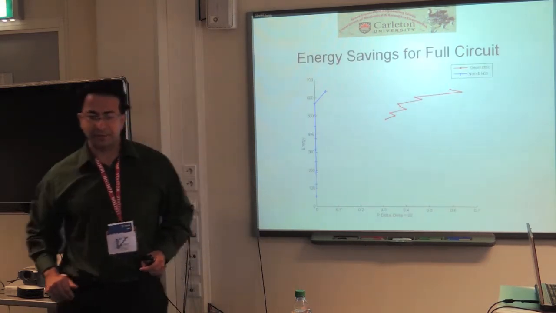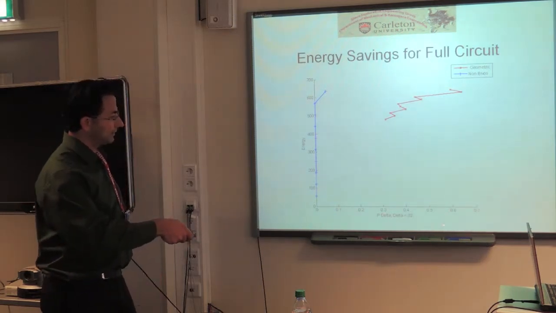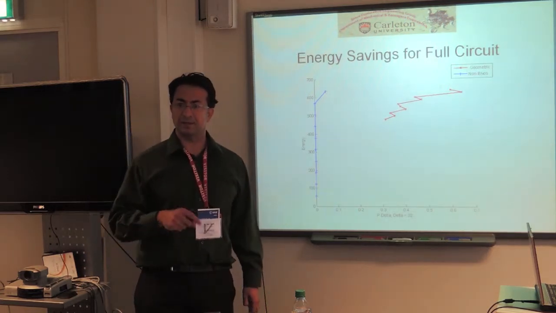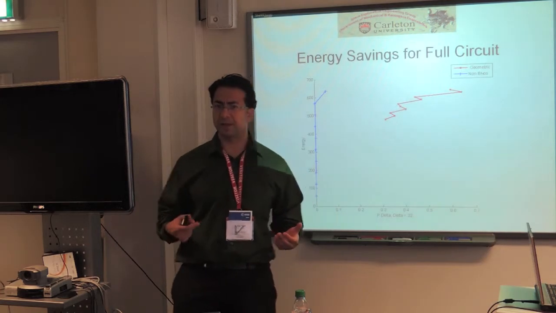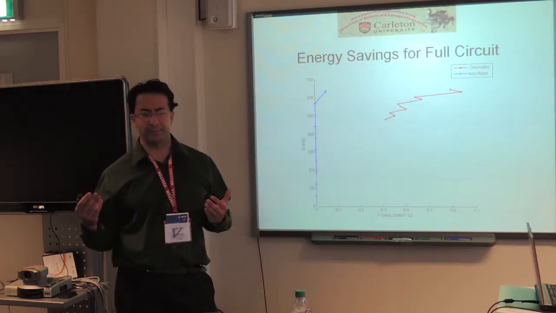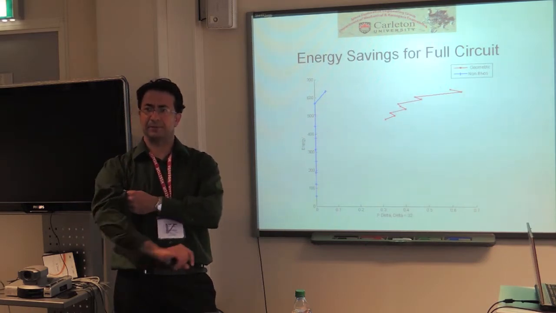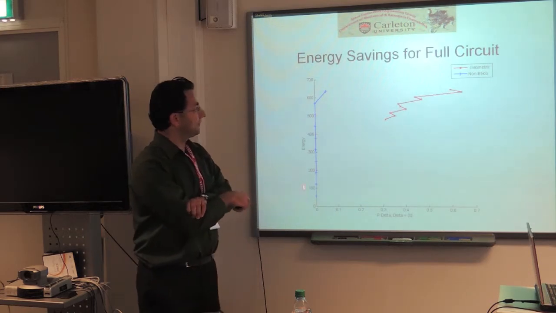So when we simulated everything for our full circuit, our delta was 32. We have 16-bit numbers, and the maximum value we're actually getting for each pixel was only 8 bits, so 2 to the 56 numbers. These are normalized energy savings here.